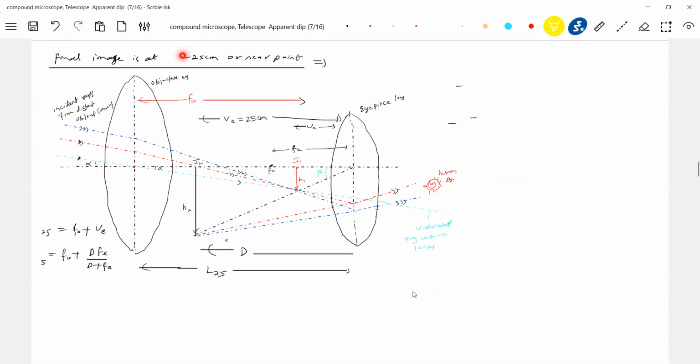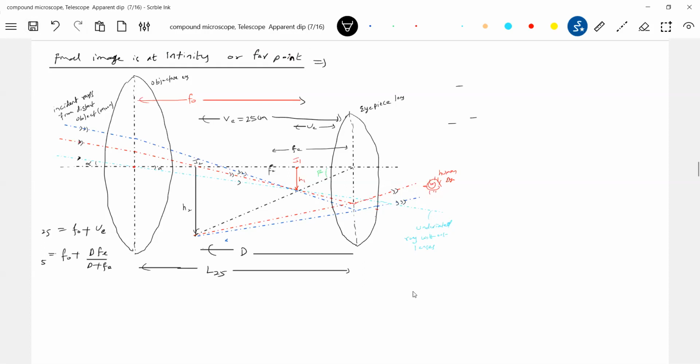Final image at infinity, or far point. According to terminology, you can just say final image at infinity, or far point, or also called comfortable viewing or normal viewing.